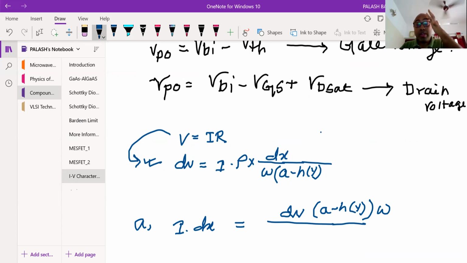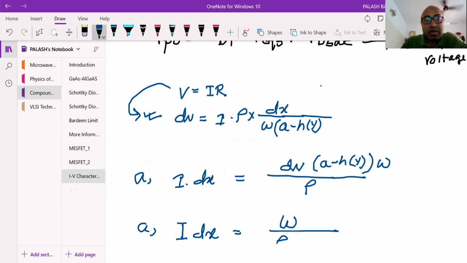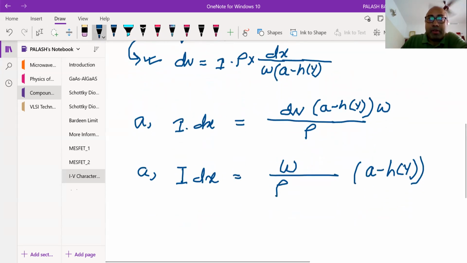What would be the rho? Okay, I into dx, so you can write W, rho, and then A minus H(Y). No, sorry, somewhere dV is there.